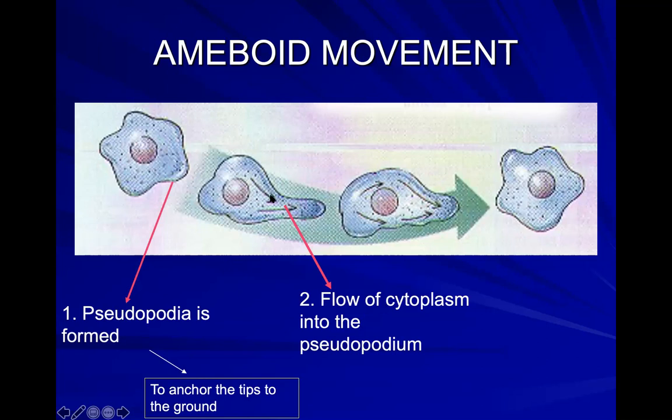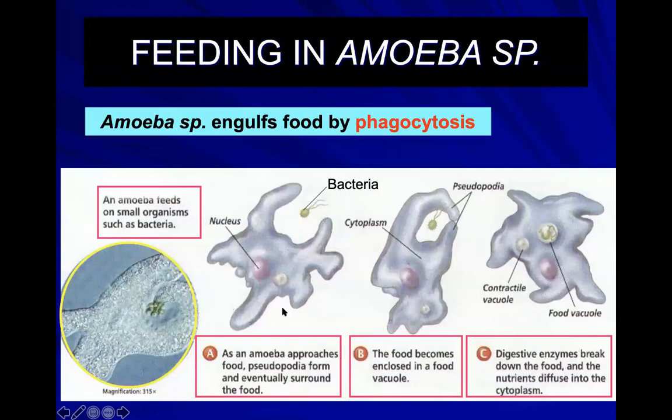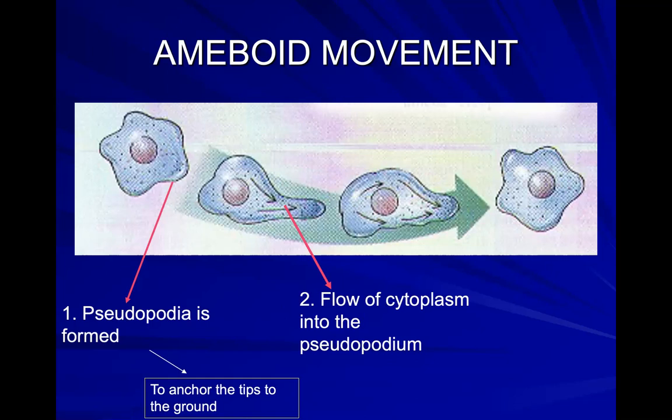For example, if the amoeba wants to move left, it will form pseudopodia to the left. Then the cytoplasm will move towards the pseudopodia, so sooner or later it can move forward. Bear in mind the function of pseudopodia is also to anchor. Anchor means mencengkam, the tips to the ground. Okay, that's all for locomotion.